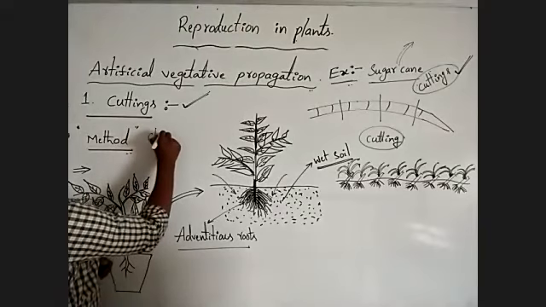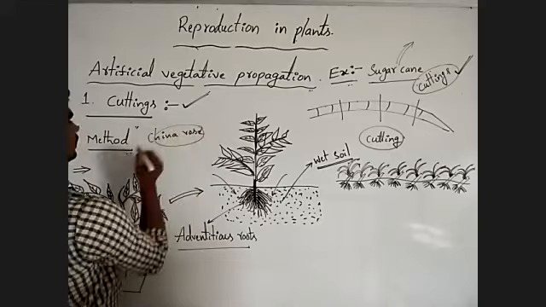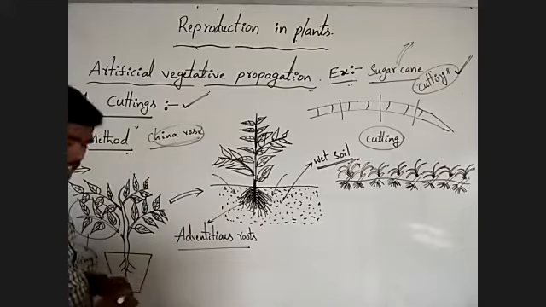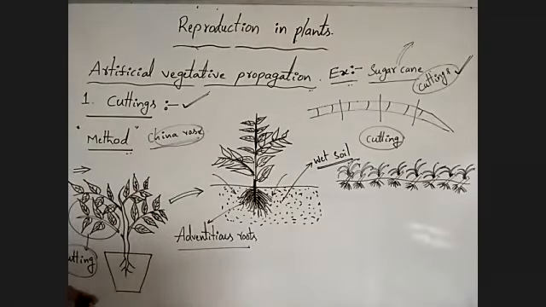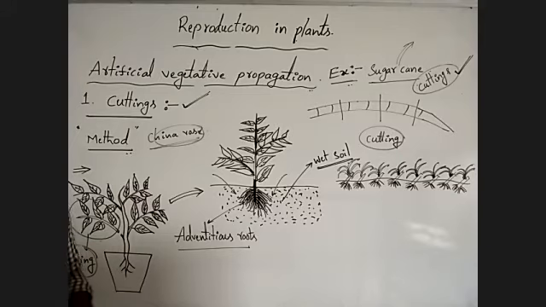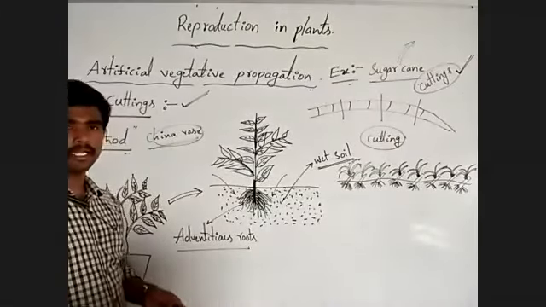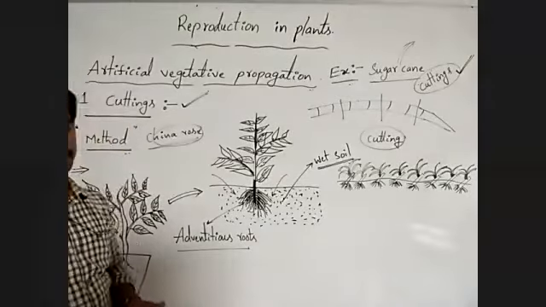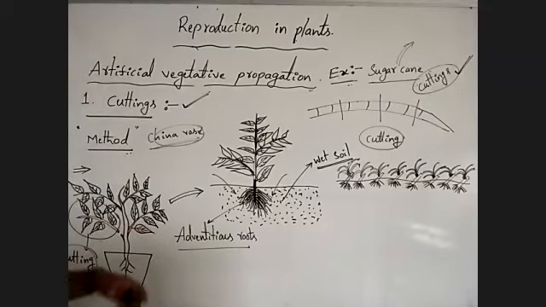You know very well that China rose is also the same. When we plant the small branch of the China rose, from that small branch or cutting, an entire plant can be developed. Like this, cutting is a very important artificial vegetative propagation method.